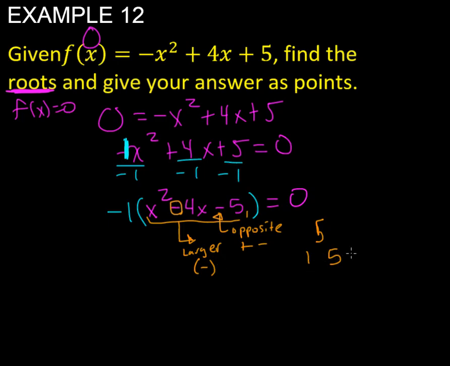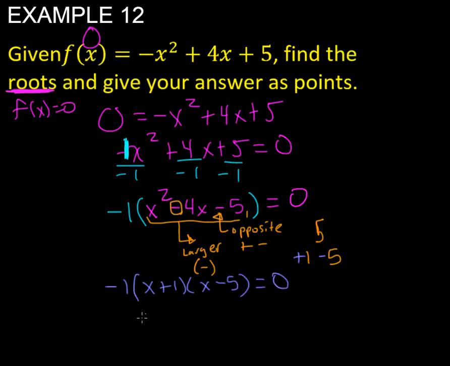So between 1 and 5, we can say that this will be negative and this will be positive. Is 1 minus 5 a negative 4? It most certainly is. So now we have negative 1, parentheses, x plus 1, and then x minus 5 equals 0. So there it is factored.